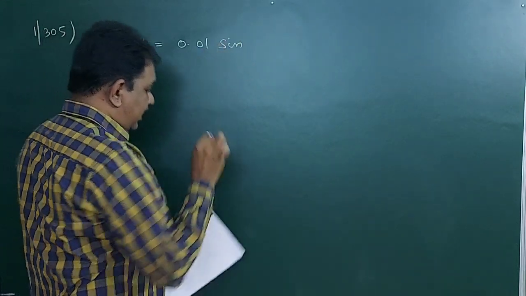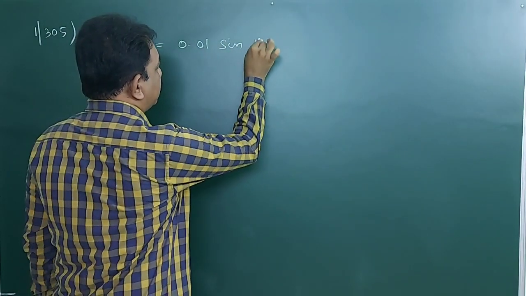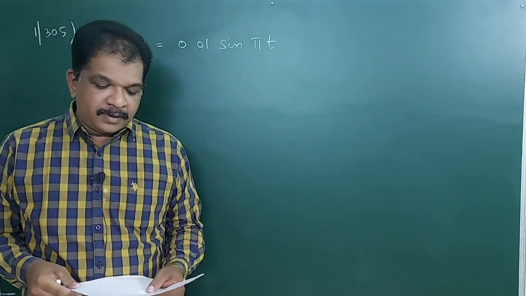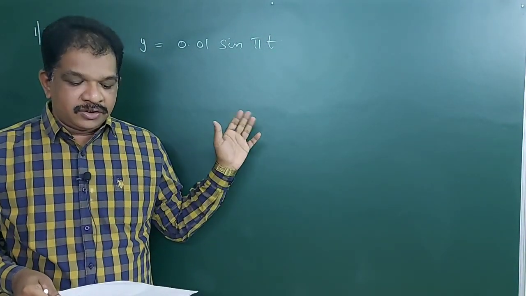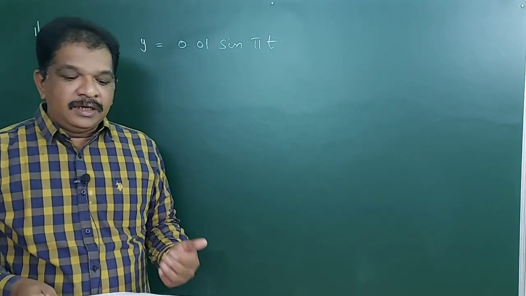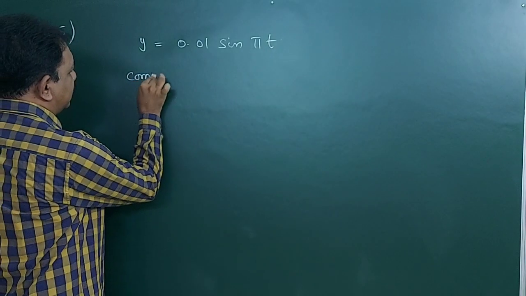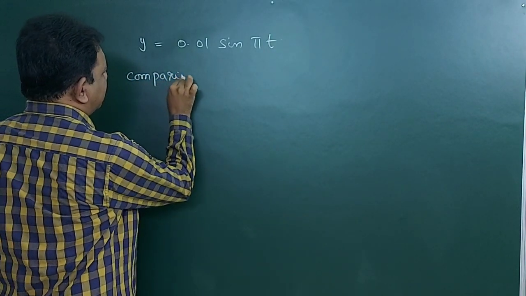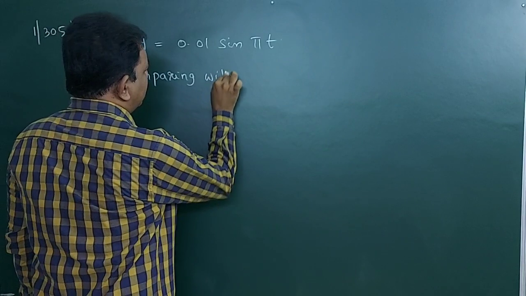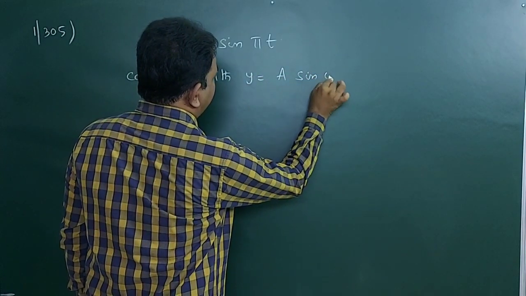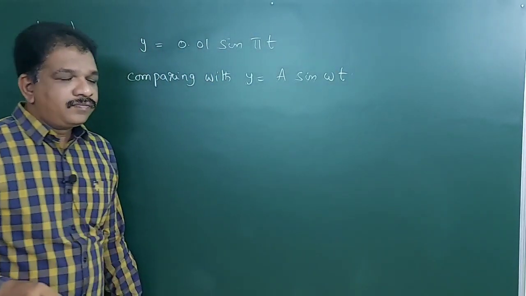This is the given equation for the displacement of a particle in SHM. Find the period and amplitude. Compare this equation with y = a sin ωt.